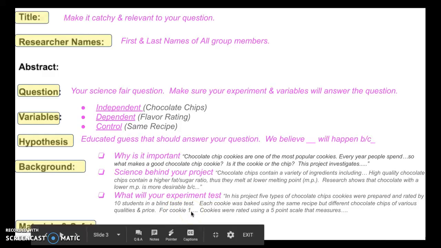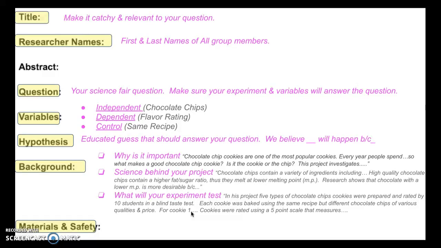For cookie 1, we used this chocolate chip, and list the price. For cookie 2, we did this, etc. And then cookies were rated using a 5-point scale that measures, right? You're just giving people a general overview of what you're doing, but you're not going into details. The recipe is not presented here.